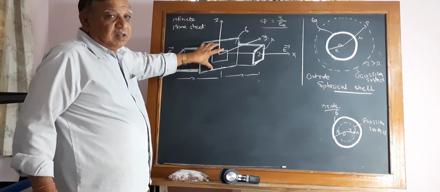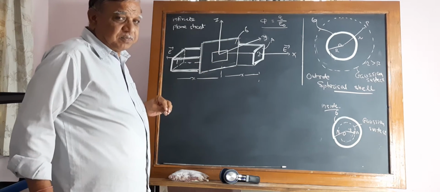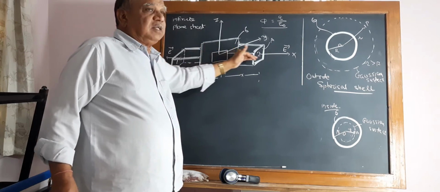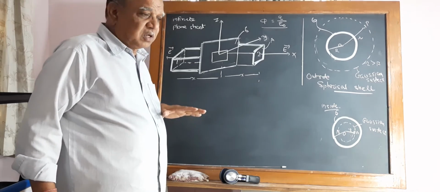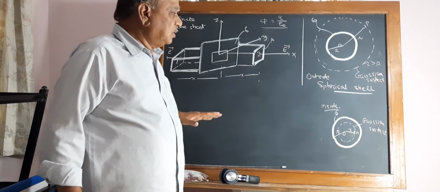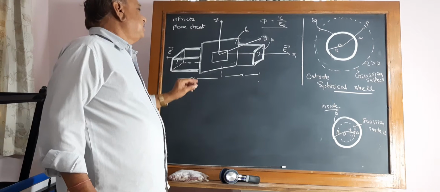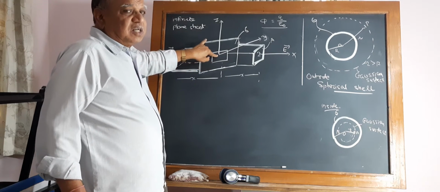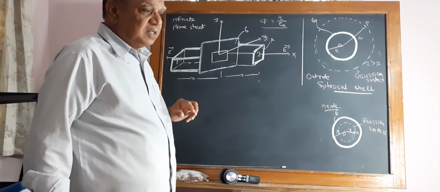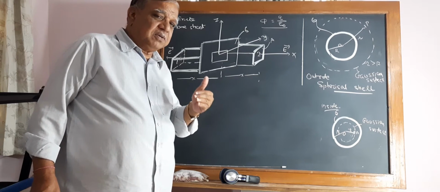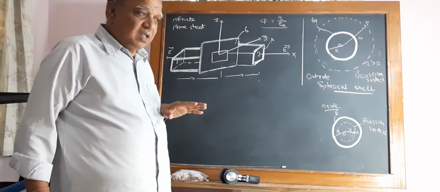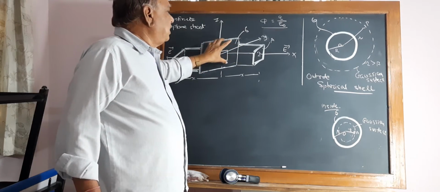Now, due to positive charge, as we have taken the axis normal to the sheet as the x axis, the field does not depend upon the y and z coordinates. The field will be only normal to the plane sheet, means only along x.